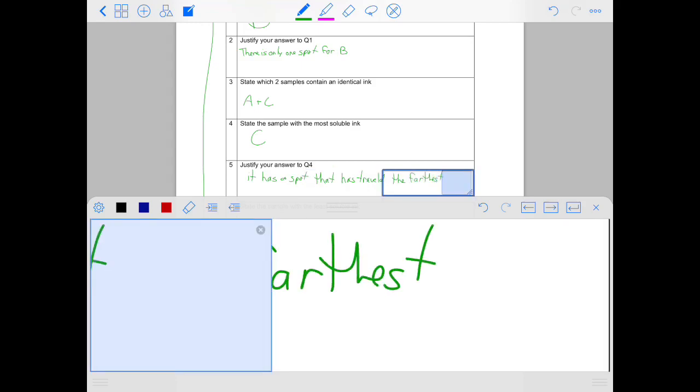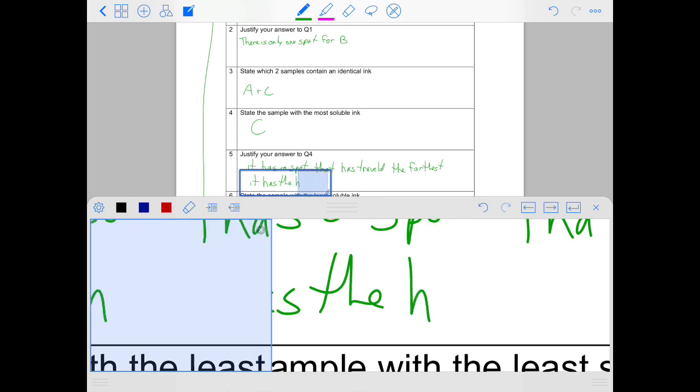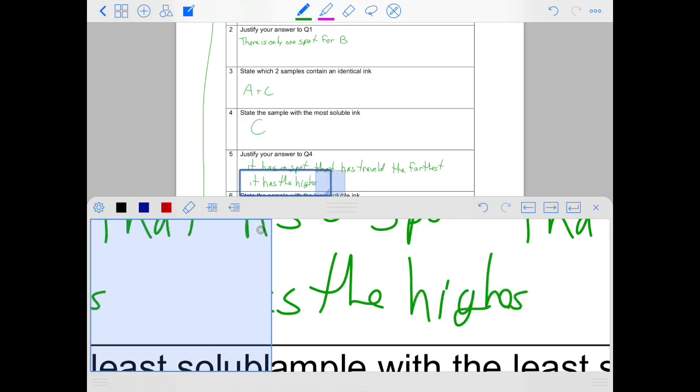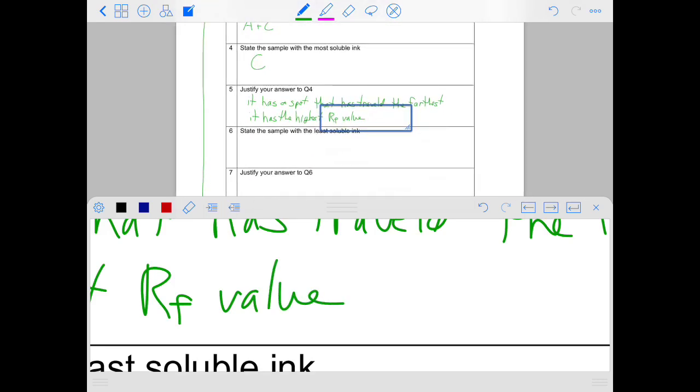You could also say it has the highest RF value, because it had that 8.5 where the rest of them were smaller.